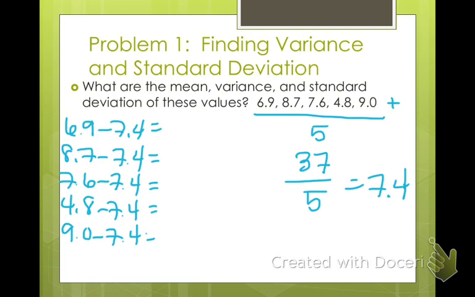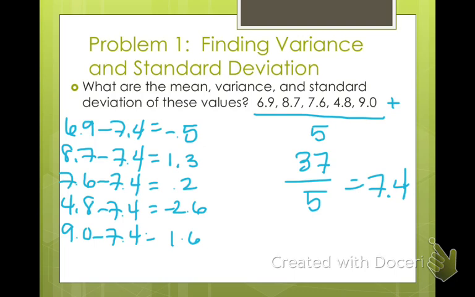Okay, 6.9 minus 7.4 is negative 0.5. 8.7 minus 7.4 is 1.3. 7.6 minus 7.4 is 0.2. 4.8 minus 7.4 is negative 2.6. 9 minus 7.4 is 1.6.